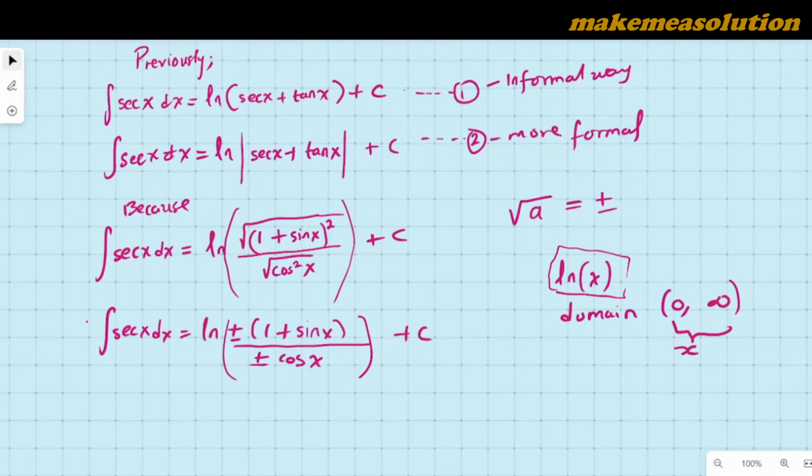So since the ln function cannot work with negative numbers, for our real domain, if you find ln of minus x, it's actually undefined. Ln of a negative value does not actually work in the real domain.